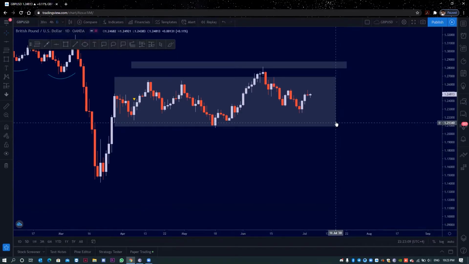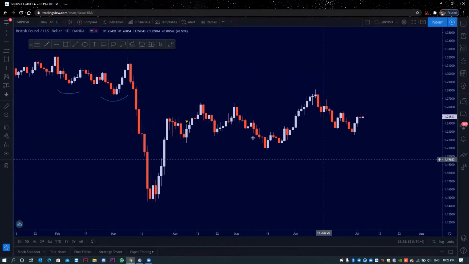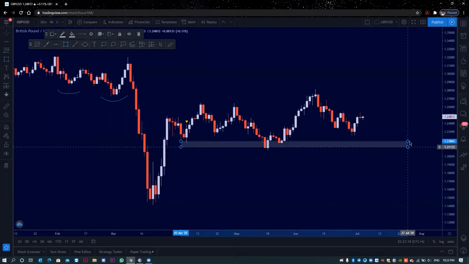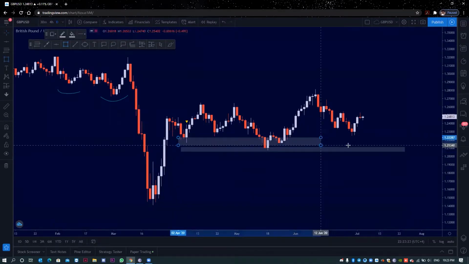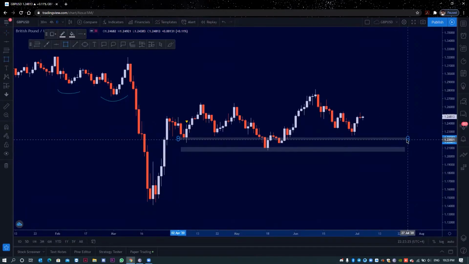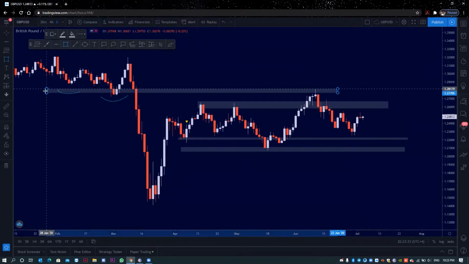Now I am coming to the sellers, sorry, retailers. I just put support. One support is there, the second support is there. The resistance is there, and the resistance also is there.